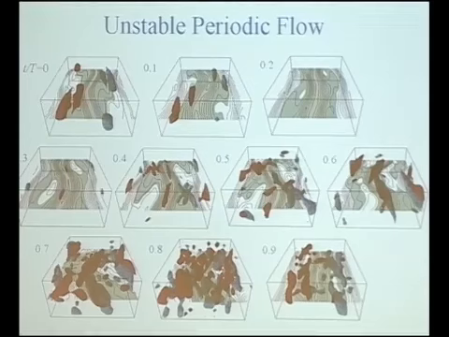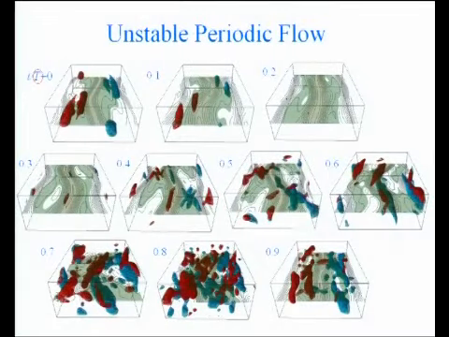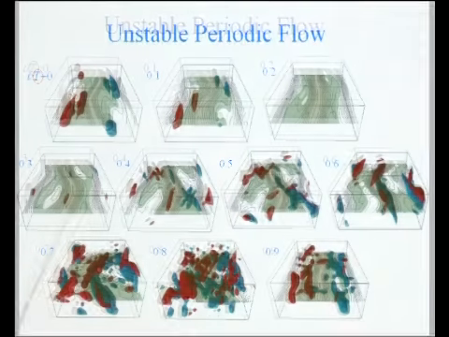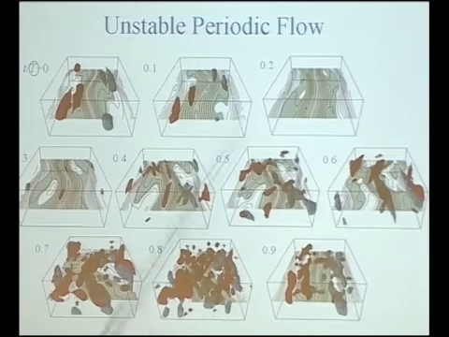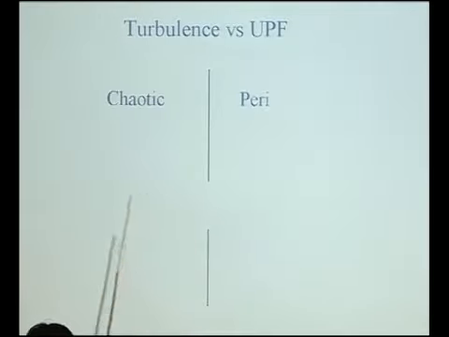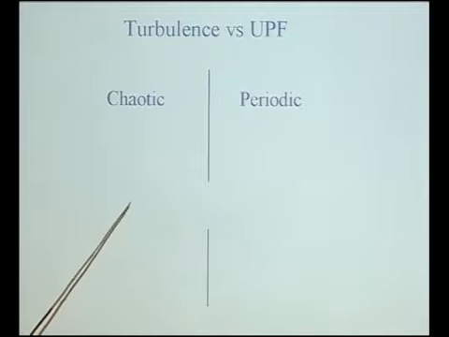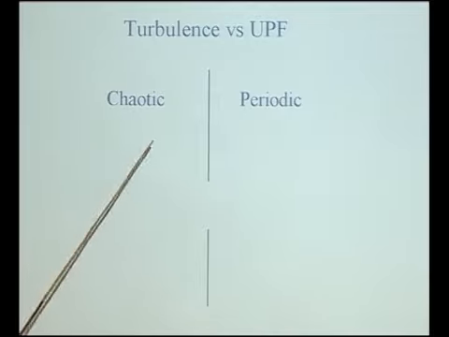And this is a snapshot at 10 time phases of a single period. This capital T is the periodicity, the time period. So in this flow, time goes on like this, and it comes back to the first one.